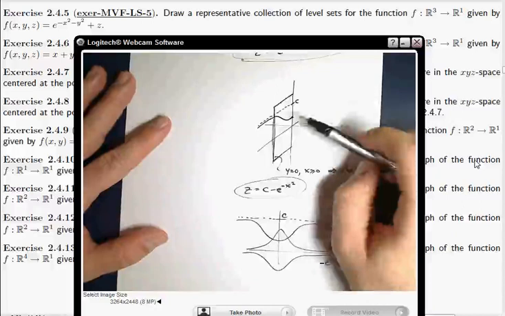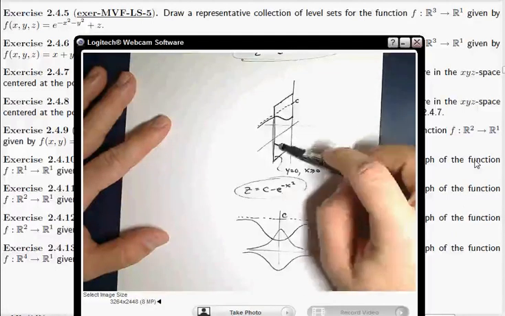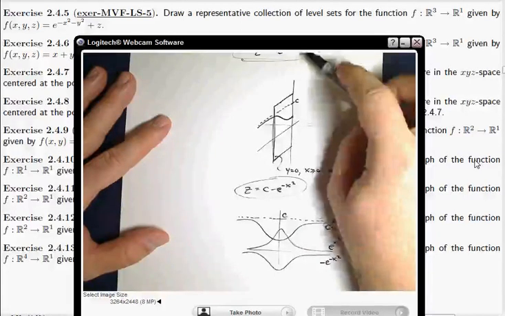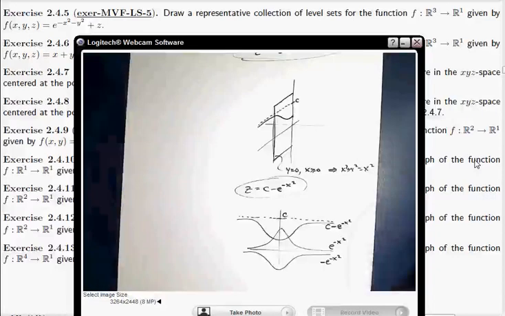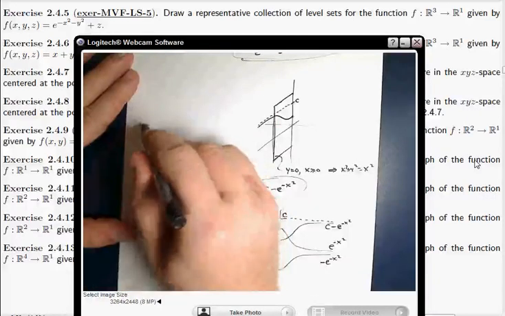So what we were looking at here, this equation came from looking just at a cross section in this half plane. So that means our actual surface, this actual level set, you're right, is rotated around, and this is going to be a hard thing to draw. I'm going to take a whack at it here.